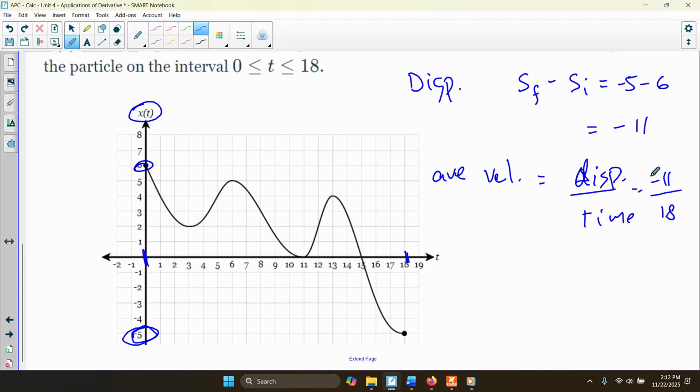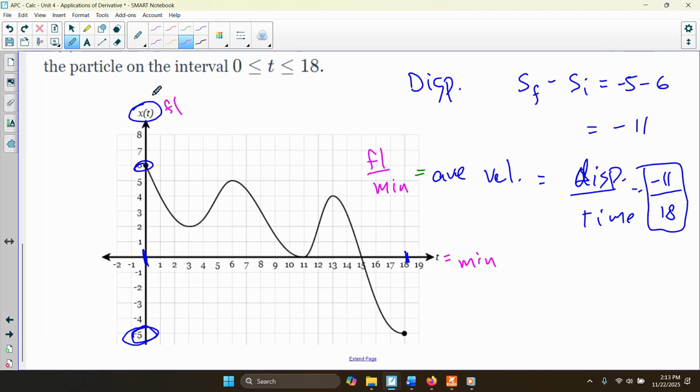This is 18. Now, the only thing I want to point out here is that this is a rate of change. You have something divided by something, so there are units. This would be floors per minute, or meters per second, or whatever these units represent. If t is in minutes and this is floors, then negative 11 over 18 has units of floors per minute.